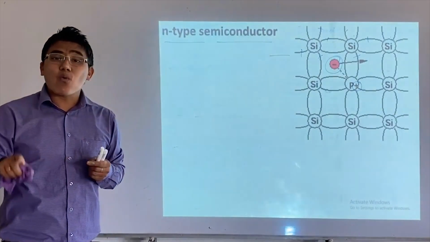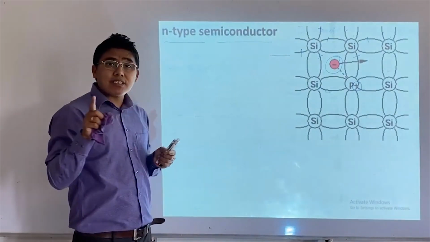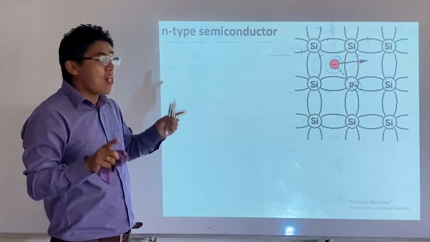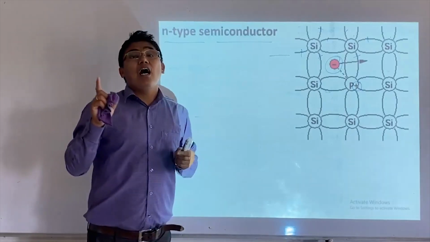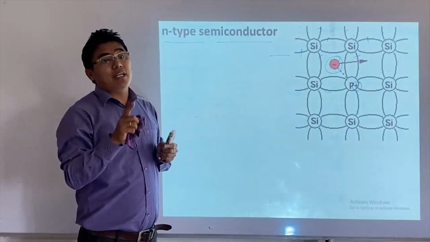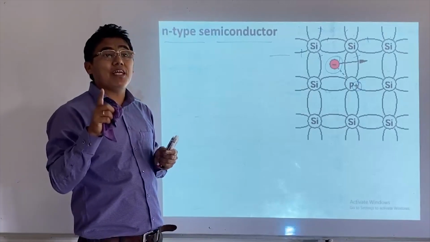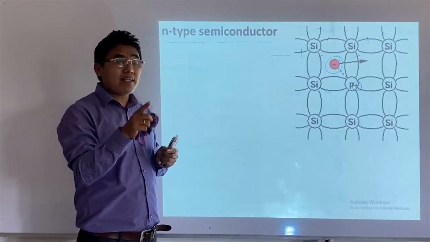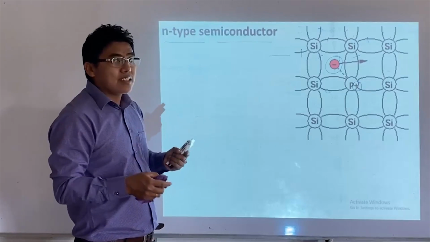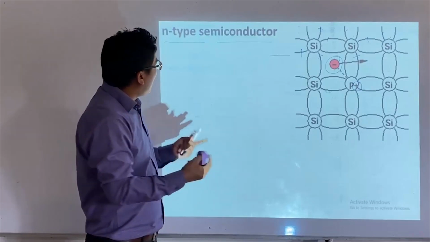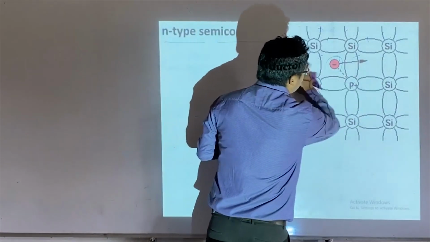If I add 1 million phosphorus atoms in a silicon crystal, 1 million free electrons are available in the conduction band, and this increases the conductivity of the extrinsic semiconductor.